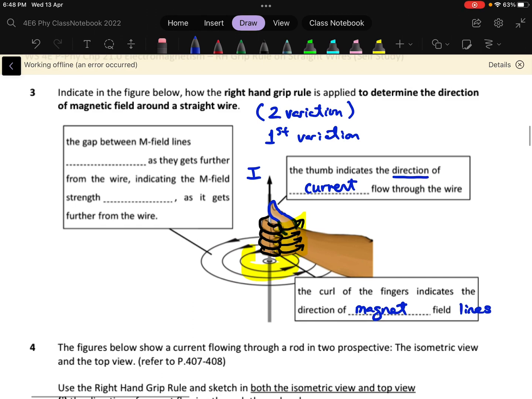So we say that the curl of the fingers will correspond to the direction of the magnetic field lines. Of course when you draw this, the gap between the magnetic field lines will get bigger, because the field is stronger the nearer you are to the wire. So the strength of the magnetic field will weaken as you move away from the wire.